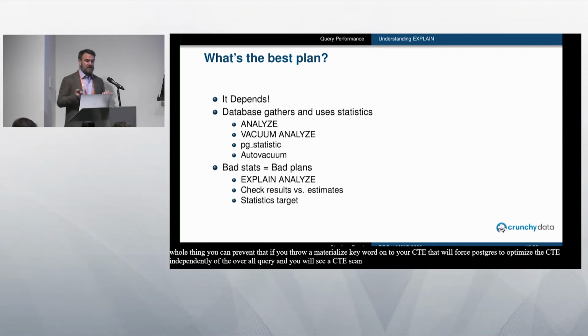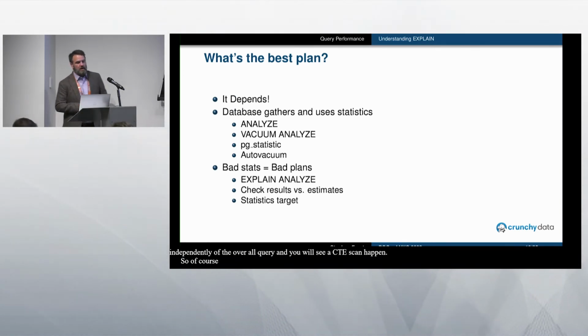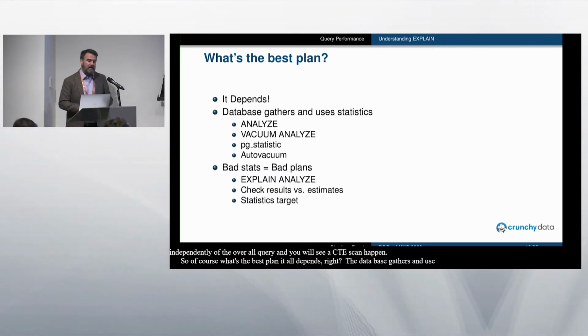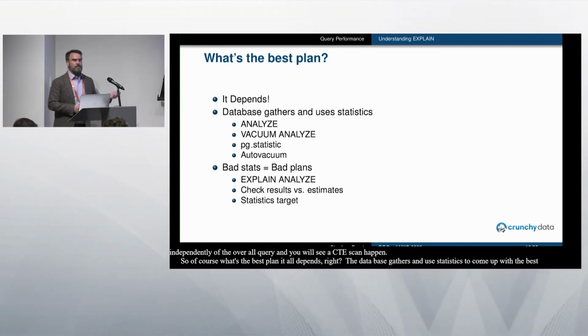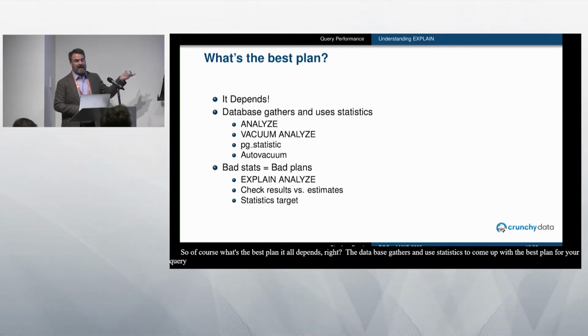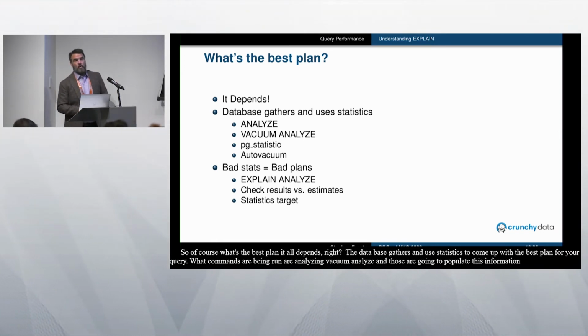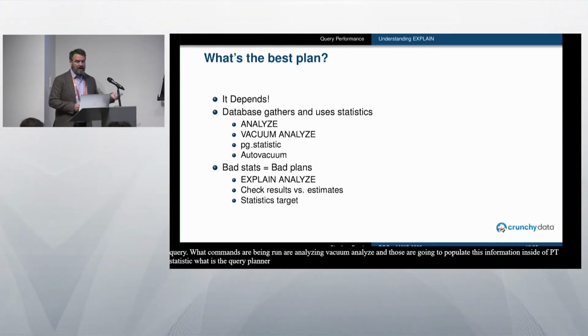So of course, what's the best plan? Well, it all depends. The database is going to gather and use statistics to try to come up with the best plan for your query. The commands that are run are ANALYZE and VACUUM ANALYZE, and those populate this information inside of pg_statistic, which the query planner then uses to plan out your queries. Autovacuum is what typically runs this for you.